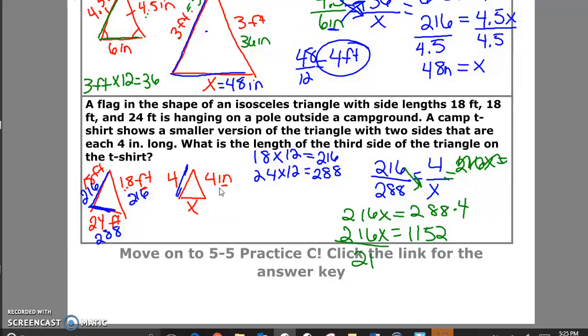I'm going to divide by 216. That goes away. Let me check to make sure that's right. 1152 divided by 216. Yep. So I've got 5.33. So that x is going to be 5.33 inches. And we don't need to convert that back because that's what our triangle is in.